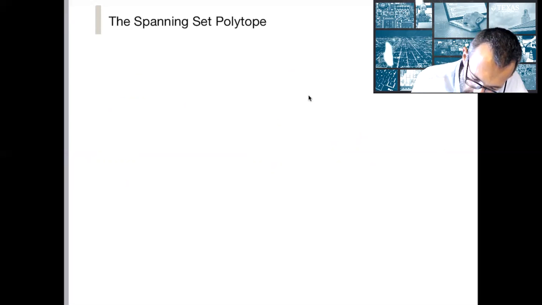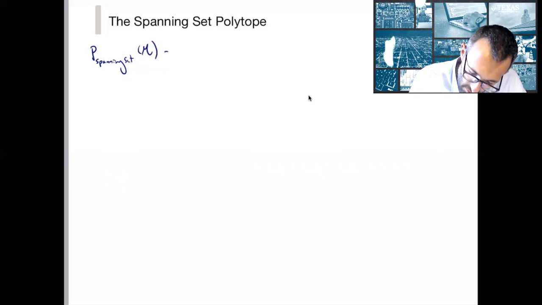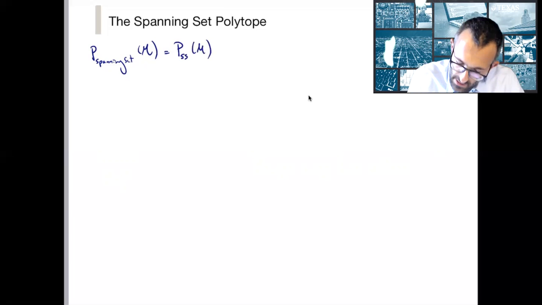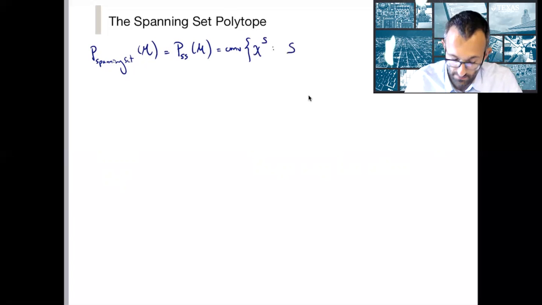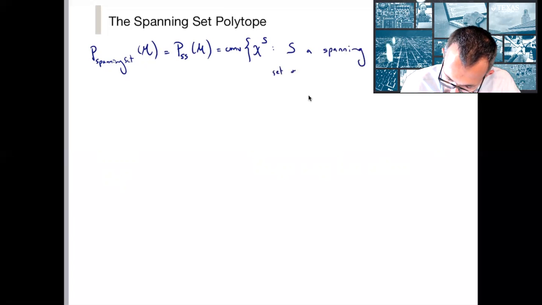In other words, let me define the spanning set polytope with respect to a matroid M. This is too long to write, so I'll just write P_SS of M. This is the convex hull of all incidence vectors of S, where S need not be independent, but it's a spanning set S of E.